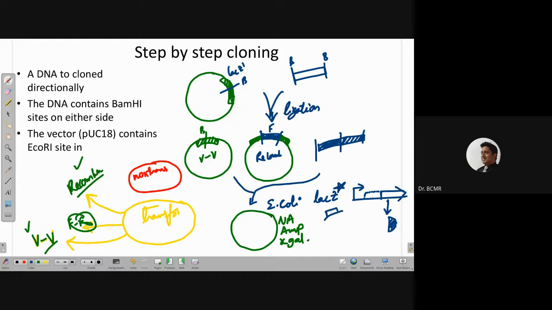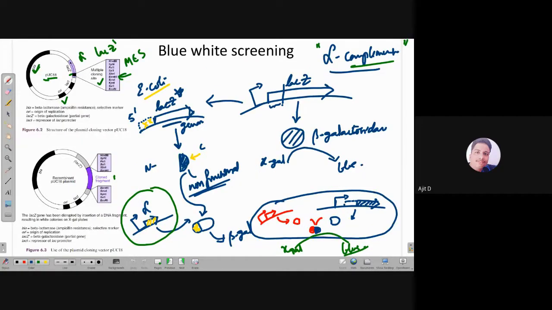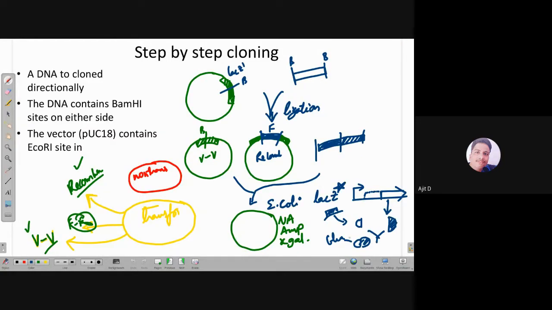If there is vector, the vector will produce the alpha component, and these two will form a functional protein and will convert X-Gal to blue color. So the recombinant ones are the ones which give white color, while the ones which are not recombinant, the vector religated, are blue in color.